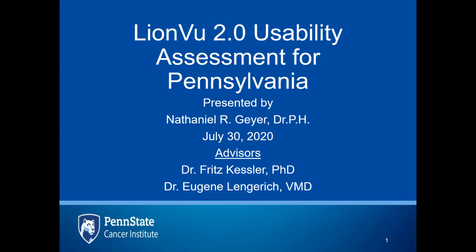Hello, ladies and gentlemen. My name's Nathaniel Geyer, and I'm doing a presentation, as Doug said, on LionView 2.0. LionView is a prototype that was developed by Dr. Gene Language that has to do with cancer mapping in the health field, and I developed a prototype, which I'm going to show later.